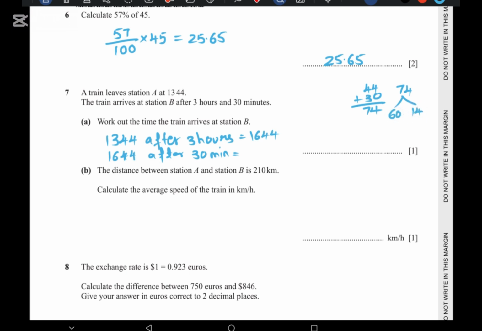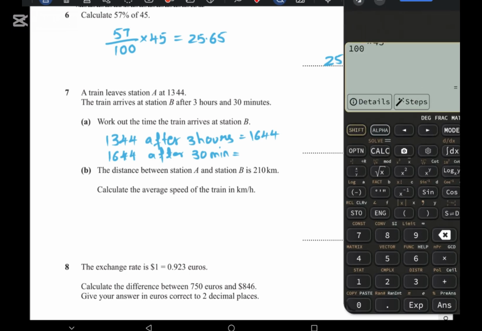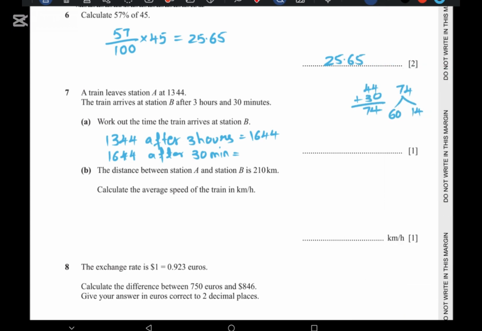If you want to check, 1 hour is 60 minutes, so you can subtract 60 from 74 to get the remaining minutes. So this is 1 hour 14 minutes, that means 16, then 17, and 14 minutes will become 17:14. So it is 17:14.